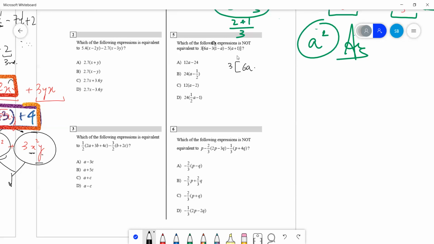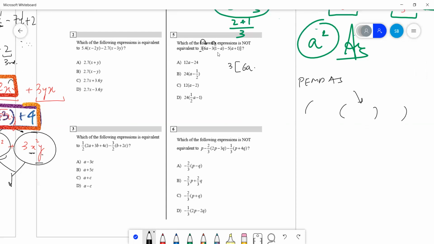Minus 3 times 1. Wouldn't that be 18a minus 3? Oh, you're multiplying 3 first, right? Yes. But in case of PEMDAS, we have to go in parentheses first, and if there is a parenthesis inside the parenthesis, we have to solve it first, right?